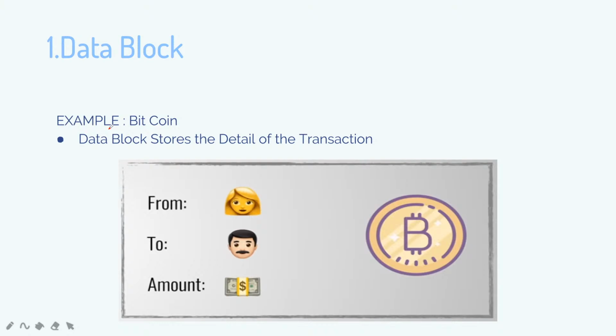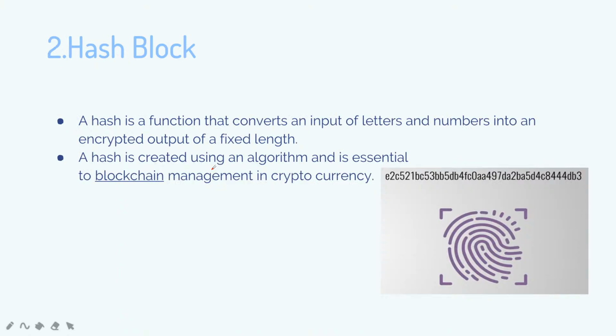If I transfer Bitcoin, that is the data: from, to, and amount. This is the data of the Bitcoin transaction. The first block has this only. In the second block we have a unique ID, which is a unique hash value.